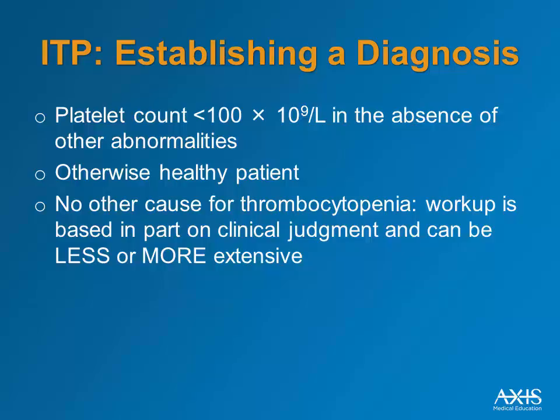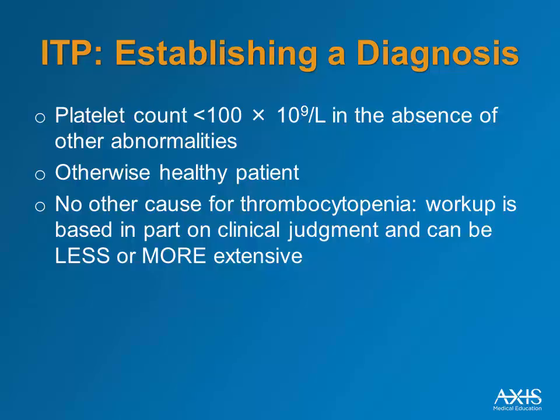If the platelet count is less than 100,000, in the absence of other abnormalities, i.e. in red cells, white cells, hepatosplenomegaly, radial rays, and adenopathy, and the patient is generally healthy, the leading diagnosis to suspect would be ITP.